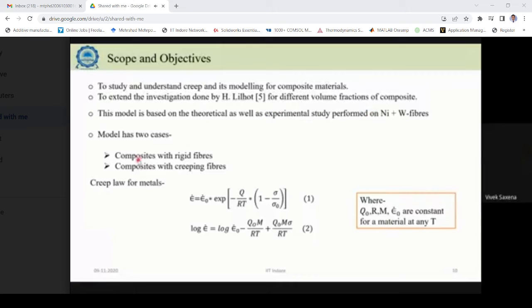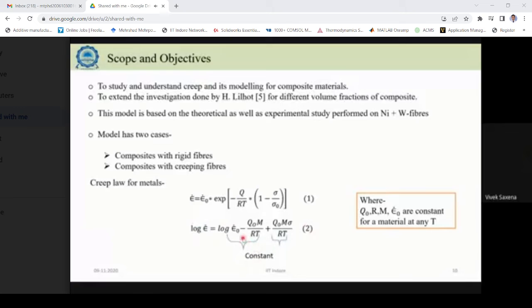Now the author proposed that in the case of composites, the creep law can be considered to be the same as in the case of metals. Like in the case of metals, the author said that the general creep curve can be given by this equation, where on simplification this equation gives an equation in this form, which is given by equation 2.